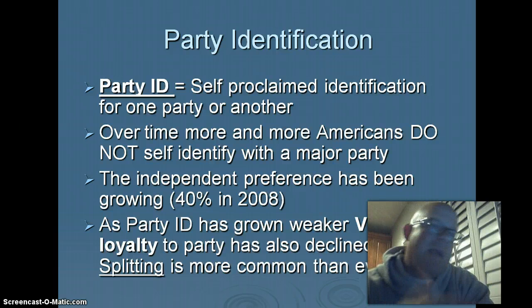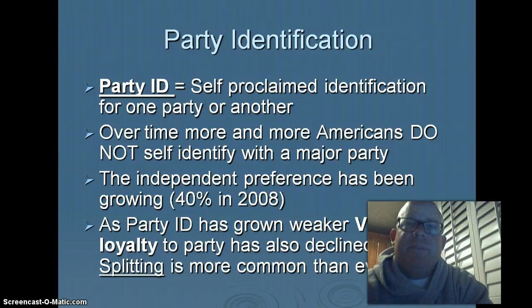So that ballot all the way down, boom, I want all Republicans. Or boom, I want all Democrats. You would vote a straight ticket. And that's really changed. In particular, over the last 20 years, more and more voters vote what are called split tickets, where they're going to vote for some Democratic candidates and some Republican candidates, depending on person, race, and position.